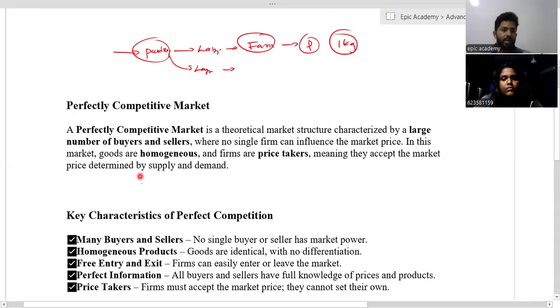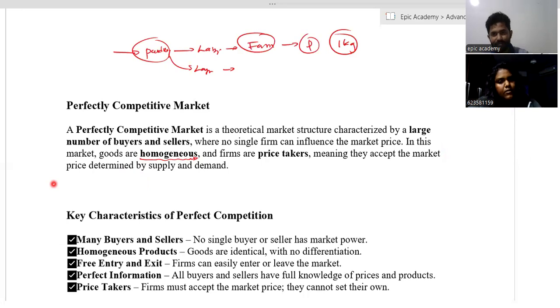In this market, goods are homogeneous. Homogeneous means you cannot identify the producer by the production. Just consider a mobile phone.